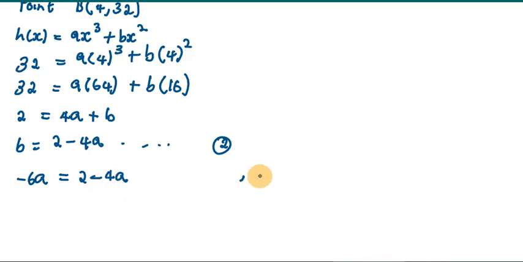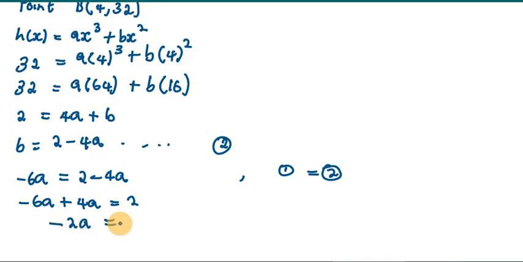Here I'm equating equation number 1 with equation number 2. Taking this one to the other side becomes minus 6a plus 4a, which is equal to 2. Here you end up with minus 2a being equal to 2.